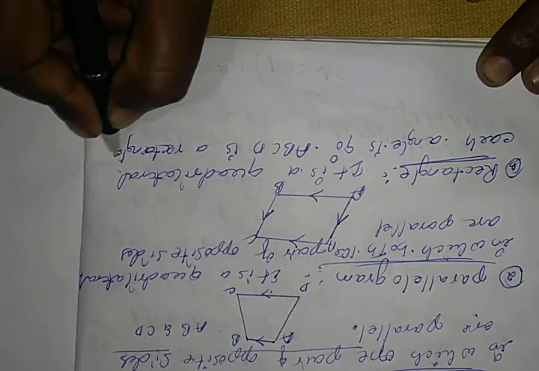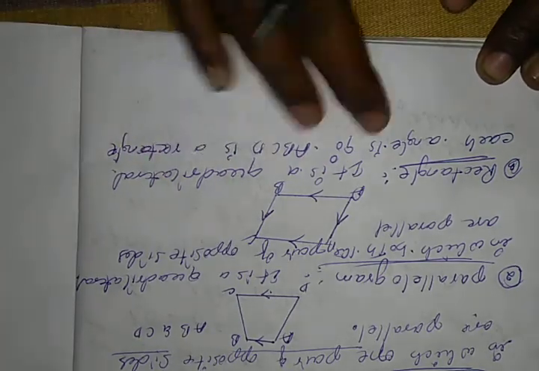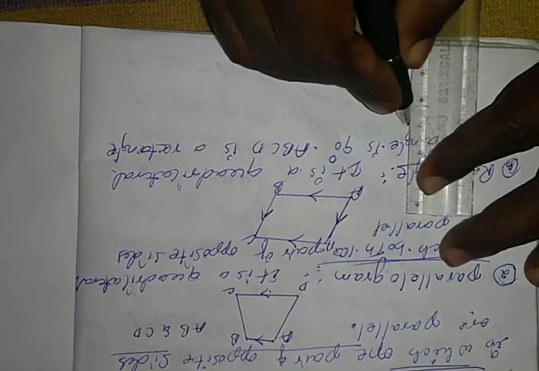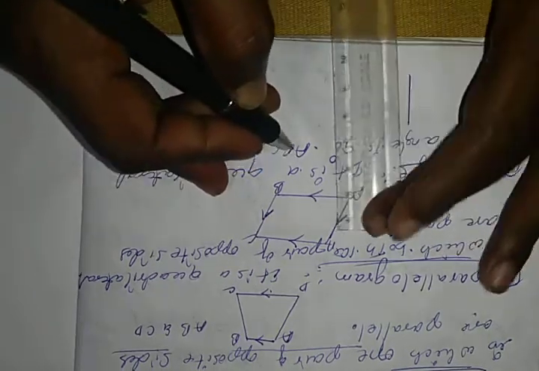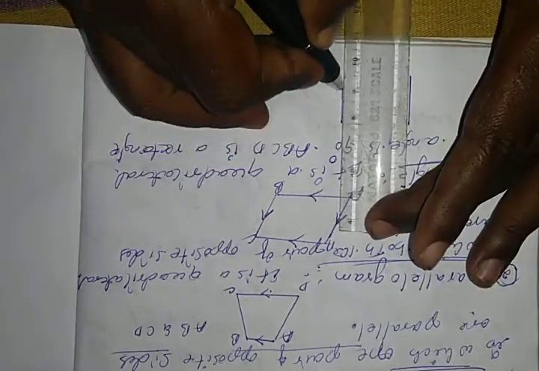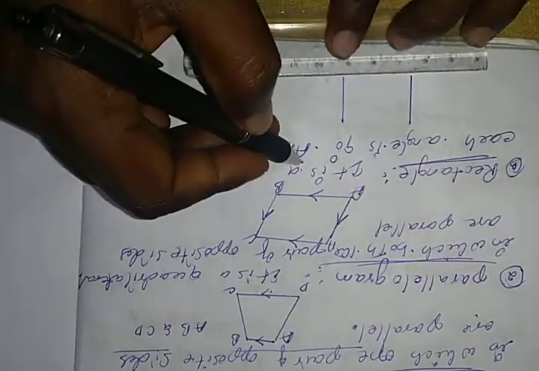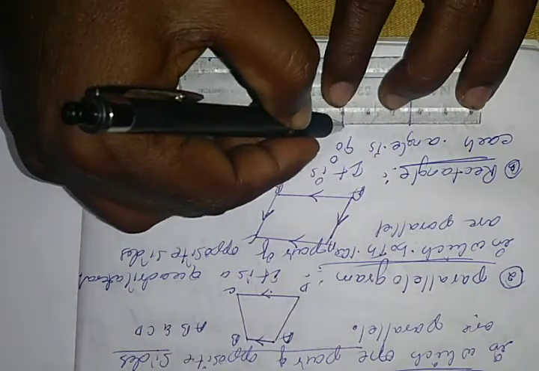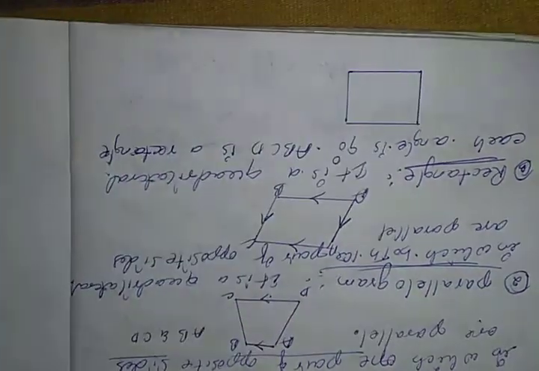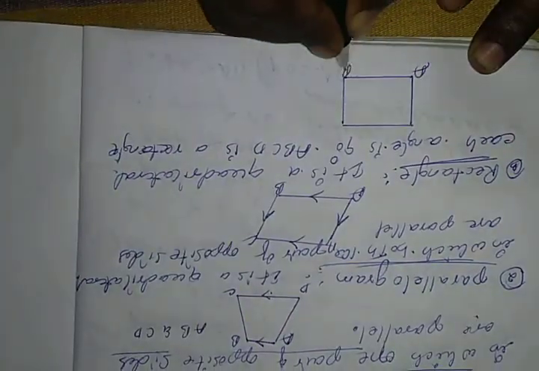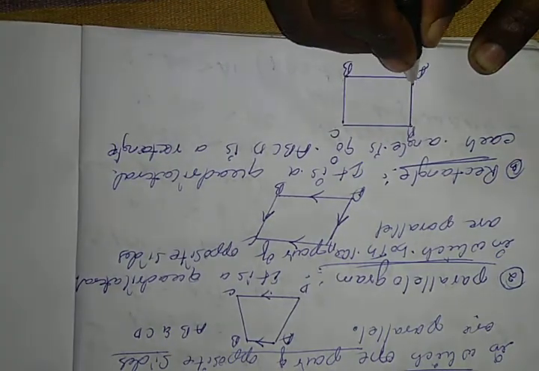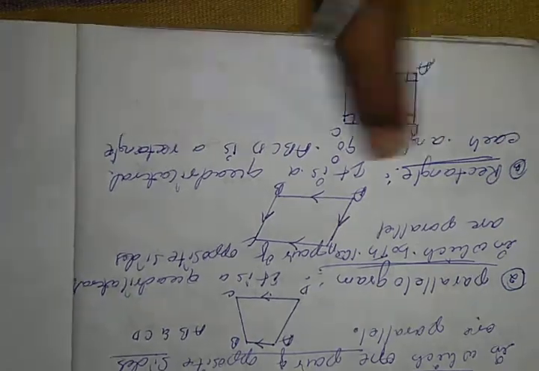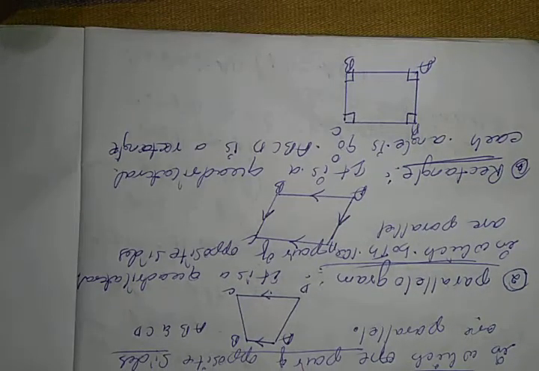There are 4 angles in the quadrilateral, and each angle measures 90 degrees, that is a rectangle. Note that in ABCD, all 4 angles measure 90 degrees, so this is a rectangle. Let us see the next one.